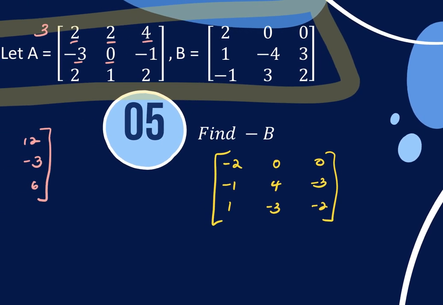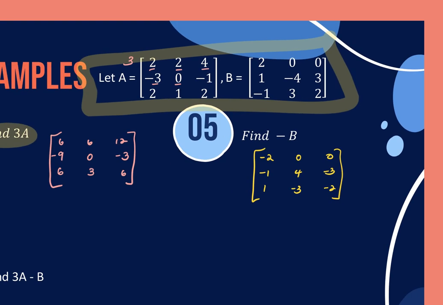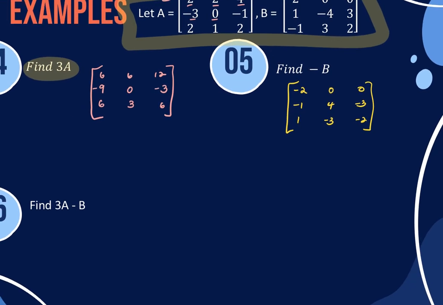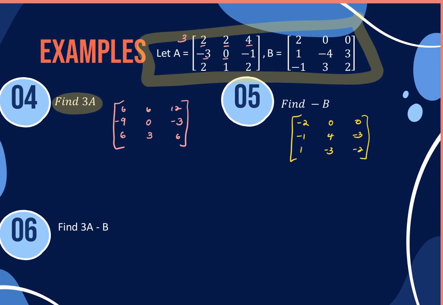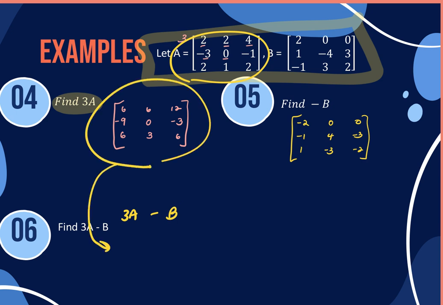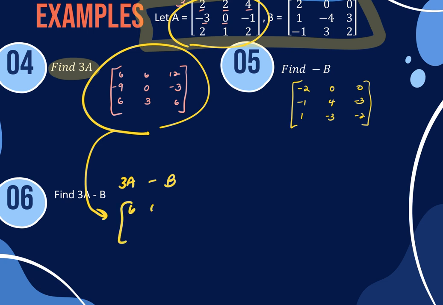Good on that one. Okay, so 3A minus B means I'm going to first find 3A, and then I'm going to subtract from it B. Now we already found 3A. It's this one. So I get 6, 6, 12, -9, 0, -3, 6, 3, 6.